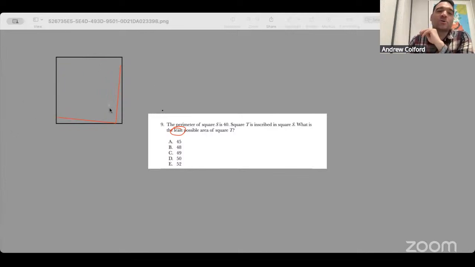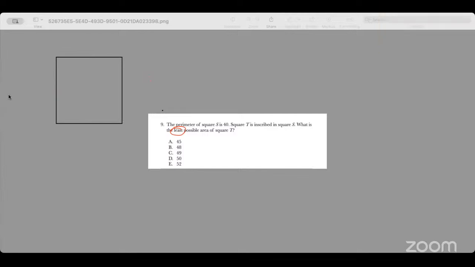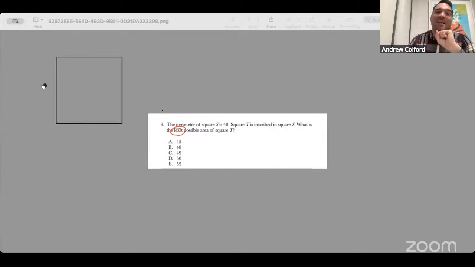Where's a reasonable place to expect that they might change? In the middle? And I'm not saying that that's true. I'm saying, given that we start big, get small, and then get big again, maybe the exact middle point is where the area of the inscribed square is minimized.